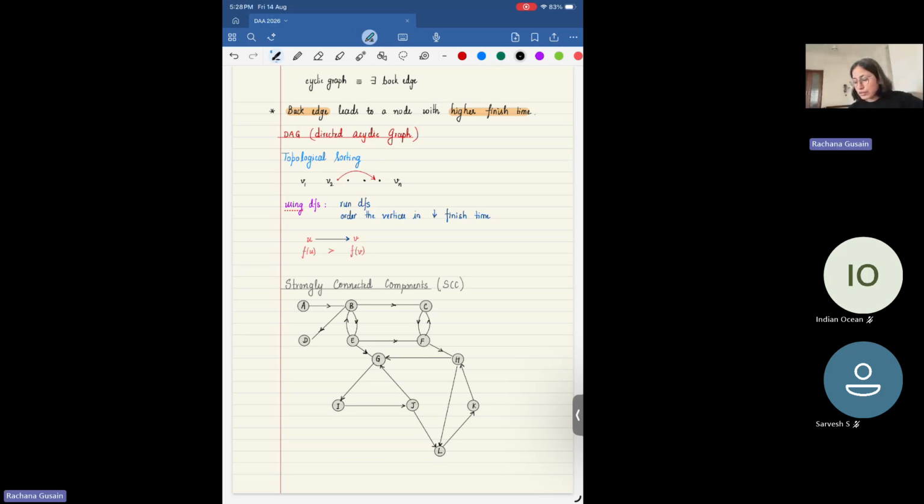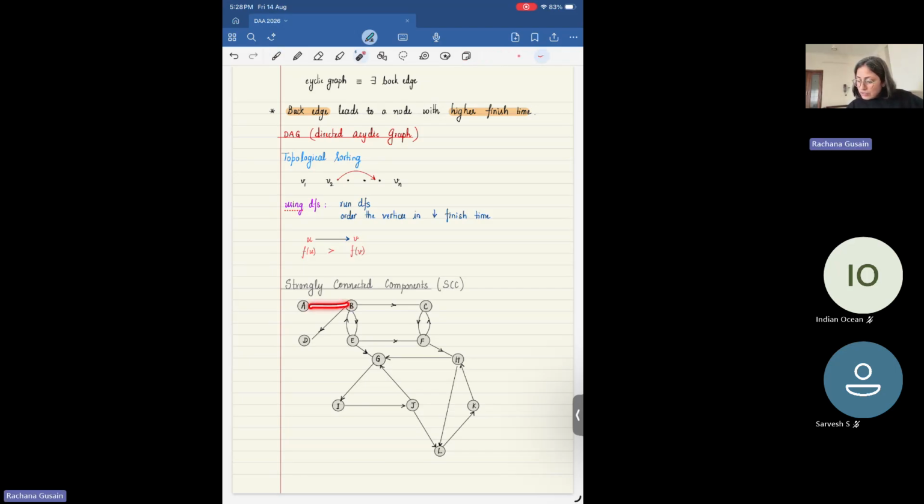Just a pair of vertices. Yes, A and B is one, right? B and D, right? Yeah, these are correct options.